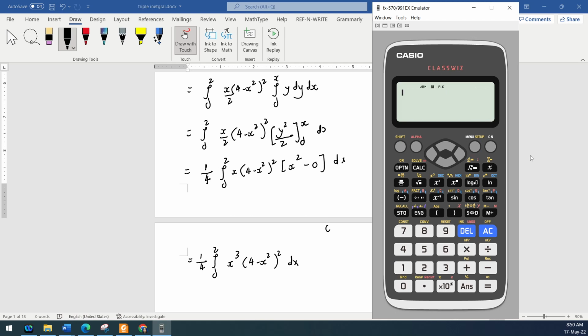So you have 1/4 integrate x cubed, and then 4 minus x squared, and then squared again, with limit from 0 to 2. You get the answer 8/3.